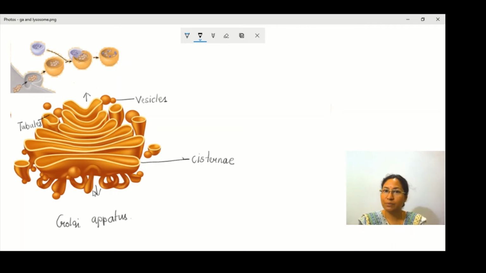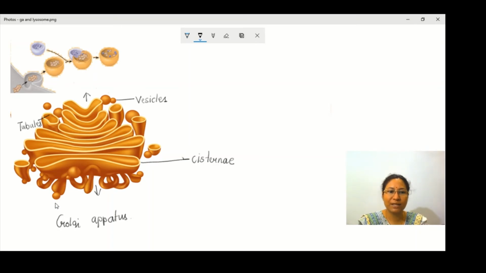Now in the endoplasmic reticulum, we know the lipids and the proteins are formed by the smooth endoplasmic reticulum and rough endoplasmic reticulum respectively. All those proteins and lipids will come and join this formative phase in the form of round vesicles.